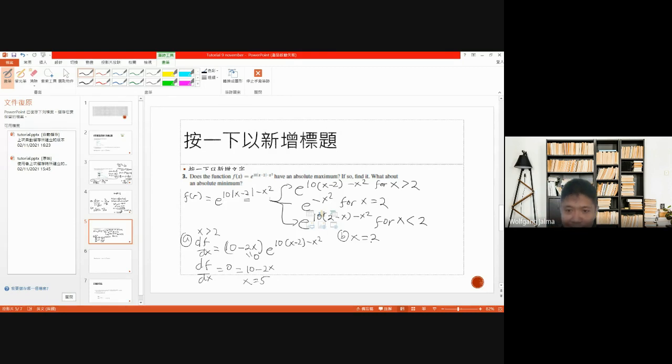Well actually it's illegal, so I must write first that it is illegal. Obviously it is illegal because the domain is clear at x equals 2.